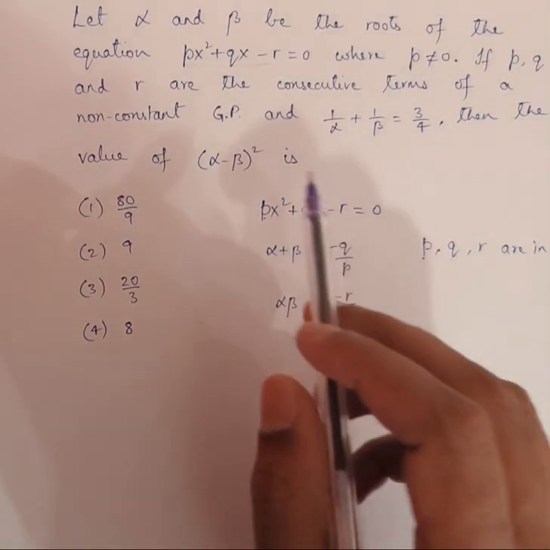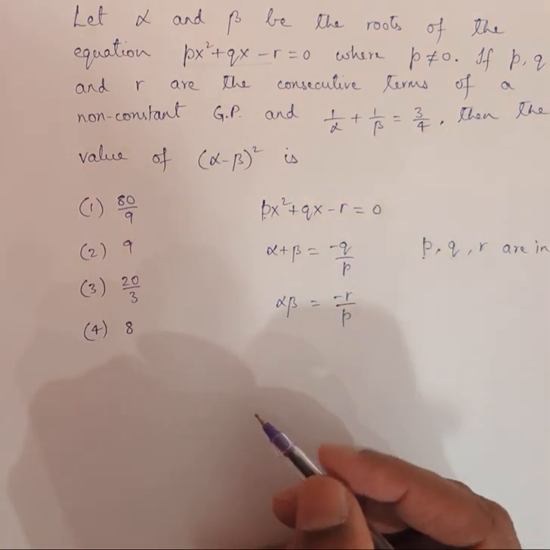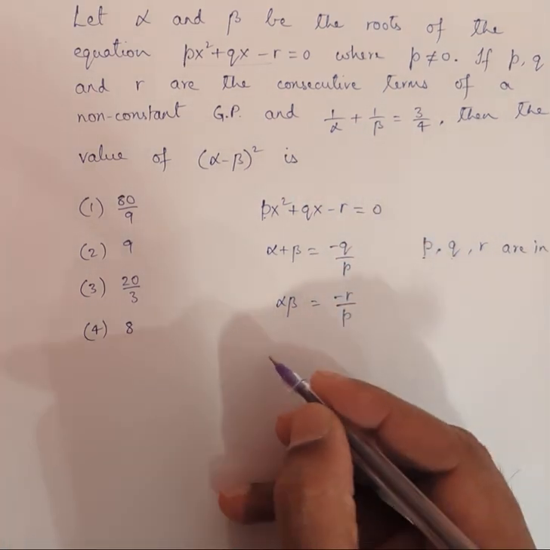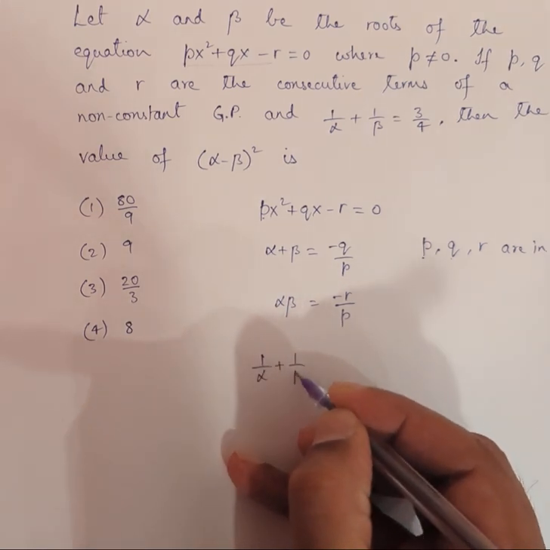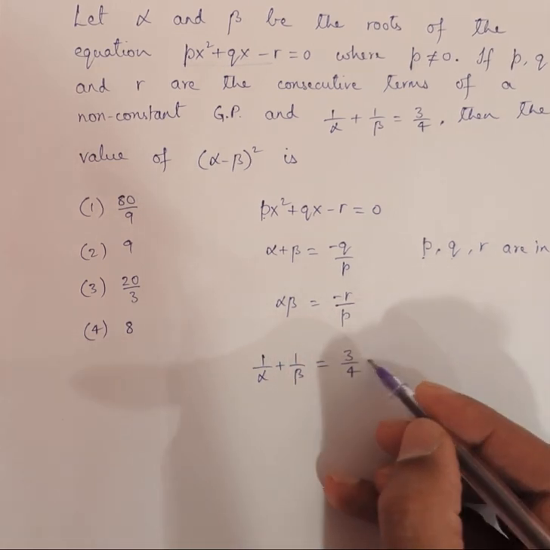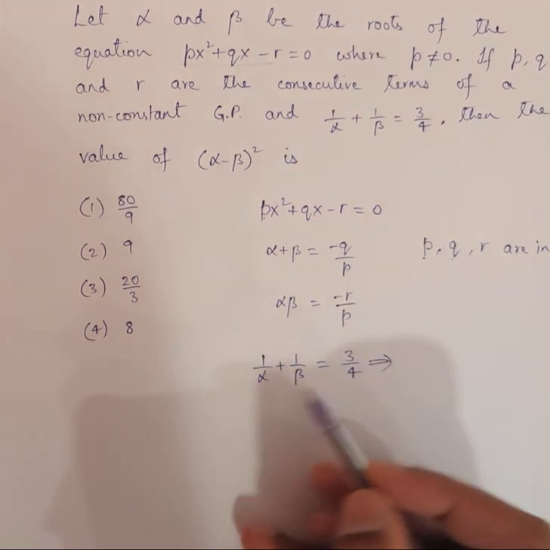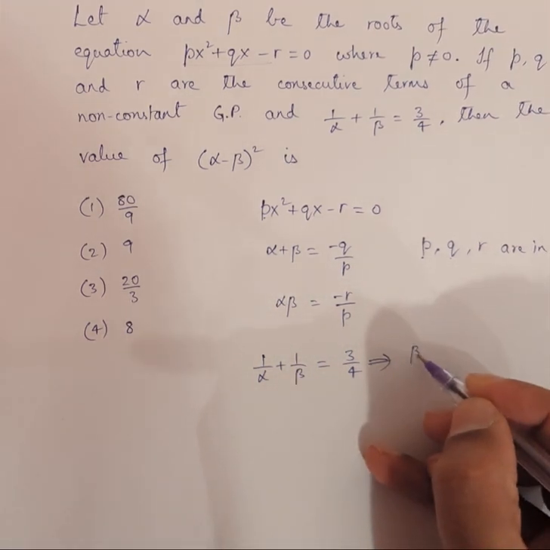All right. And also 1 over alpha plus 1 over beta equals 3/4. So let's use that information. 1 over alpha plus 1 over beta is 3/4. So I can simplify, take the common denominator or cross multiply.